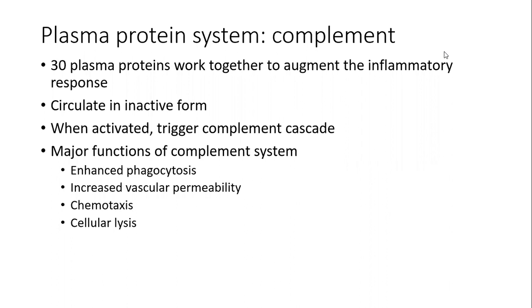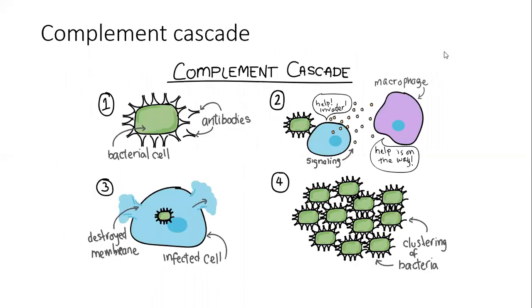The major functions of the complement system include enhanced phagocytosis, increased vascular permeability, chemotaxis, and cellular lysis. This is kind of a simplified version of what it looks like. You have a cell that gets attacked by a pathogen. That cell then sends out signals which attract white blood cells.